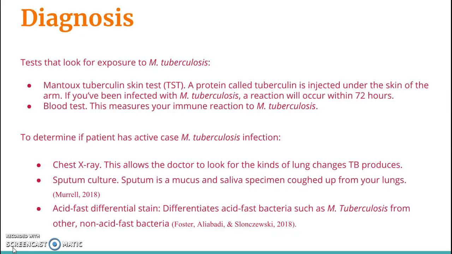A blood test is another way that the doctor can look for it. Chest x-ray: if the infection is active, the doctor will be able to see it in a chest x-ray or in a sputum culture. What they'll do is perform an acid-fast differential stain, which differentiates acid-fast bacteria such as Mycobacterium tuberculosis from other non-acid-fast bacteria.